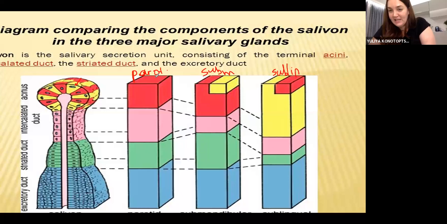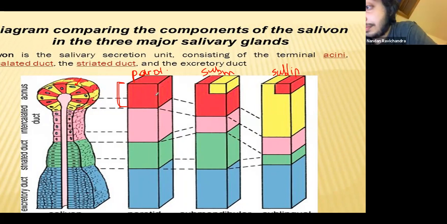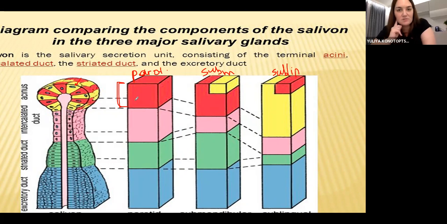So parotid gland, its acinus consists of which cells? Serous only. Okay, so your parotid gland, its acini consist of the serous cells only. You can see it's only red, right? How are the ducts? As you can see, they're all equal. So the amount of intercalated and striated and excretory is more or less the same, right?